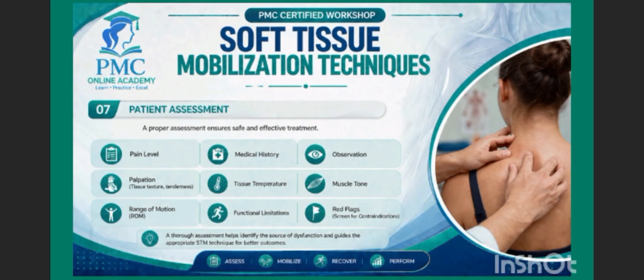Now simply observe the patient. Third step is observation. You should look for swelling, redness, bruising, muscle wasting, postural changes, protective guarding, asymmetry between both sides. Sometimes observation alone can tell you a lot before you even touch the patient. Fourth is palpation, which is one of the most important clinical skills.